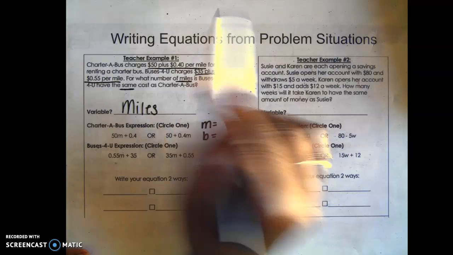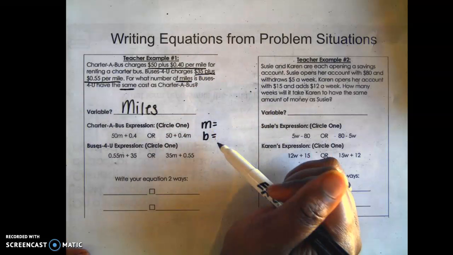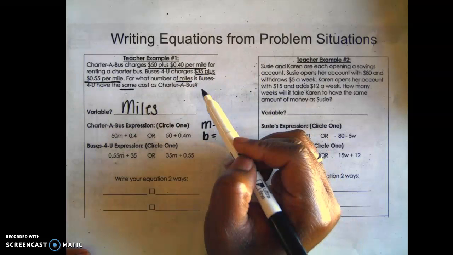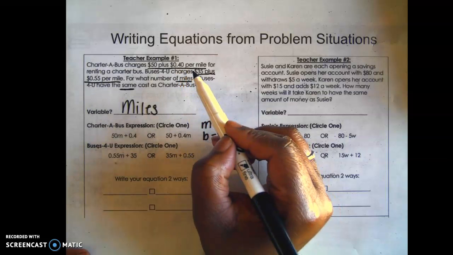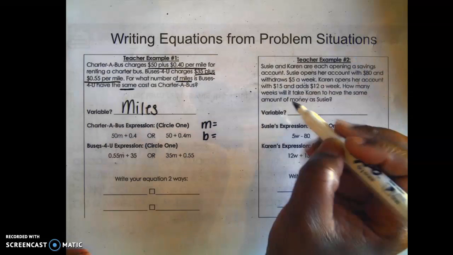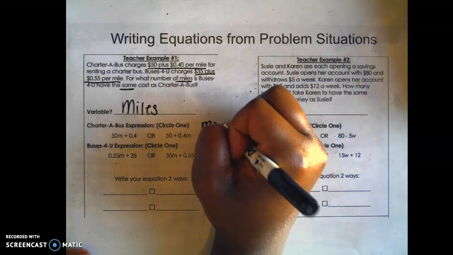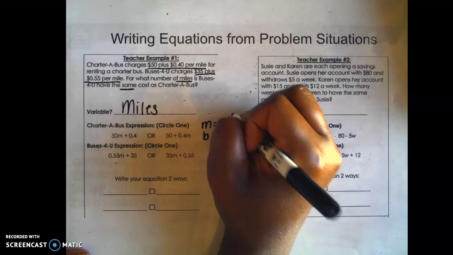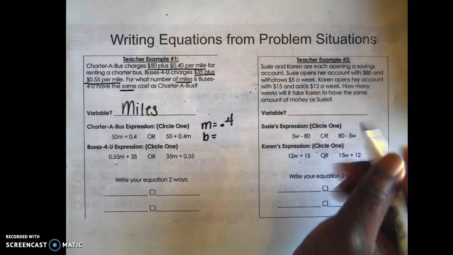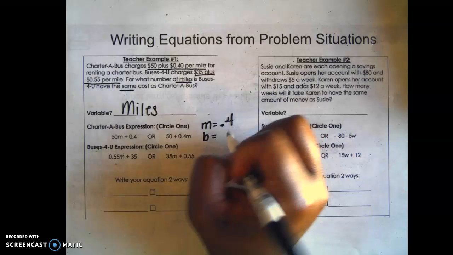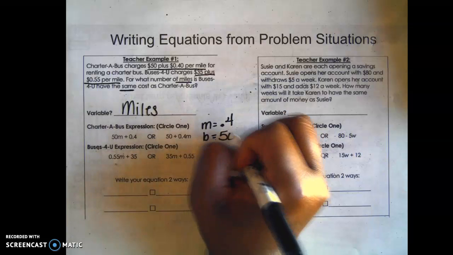So for charter A bus, I need to find my slope and my y-intercept. For charter A bus, I know it's $50 plus 40 cents per mile. 40 cents will be my slope, because that repeats. For every mile, I pay 40 cents. My y-intercept is 50.